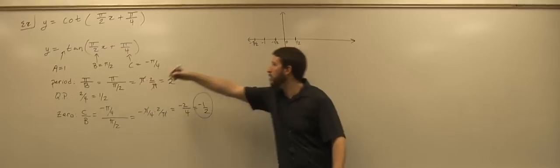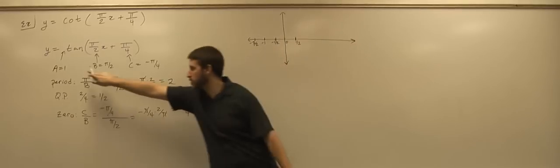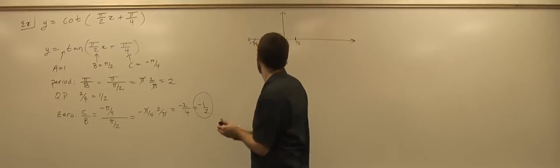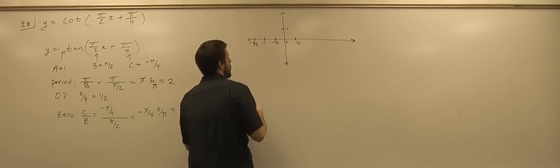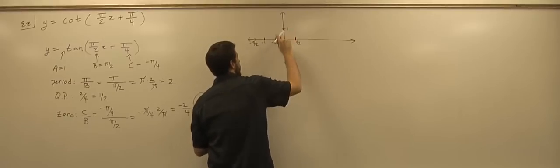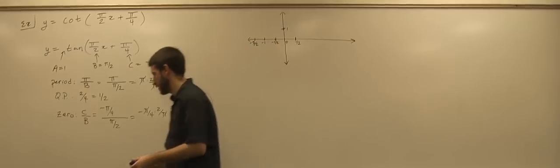Then if I go 1 quarter period to the right, what's going to happen to my tangent graph? It's going to be at A, whatever A is. Just 1. So I'll put 1. And if I go 2 quarter periods to the right, what happens?